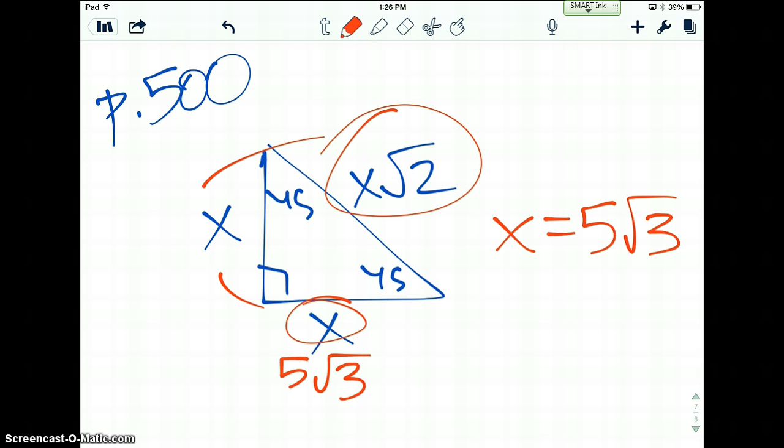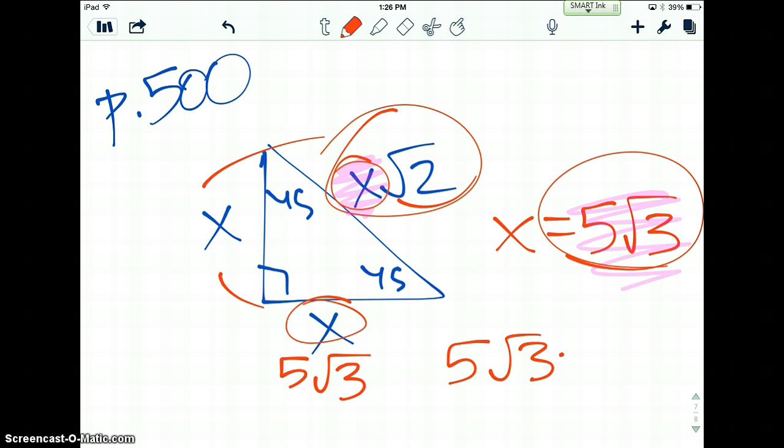So I'm going to take this x value and plug it in right here and simplify it. Instead of x root 2 for the hypotenuse, I'm going to have 5 root 3 times root 2. And then I just have to simplify that.